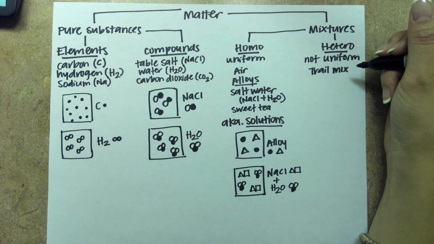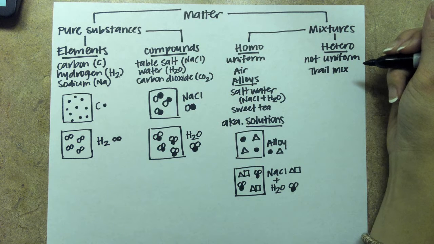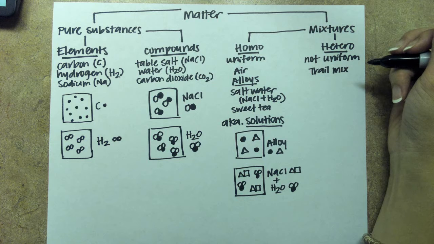If I take a scoop of trail mix and a friend also takes a scoop, our mixture is not going to be exactly the same. I might have more M&Ms, my friend might have more marshmallows. So you can see that there's no pattern, it's not uniform, it's different each time.